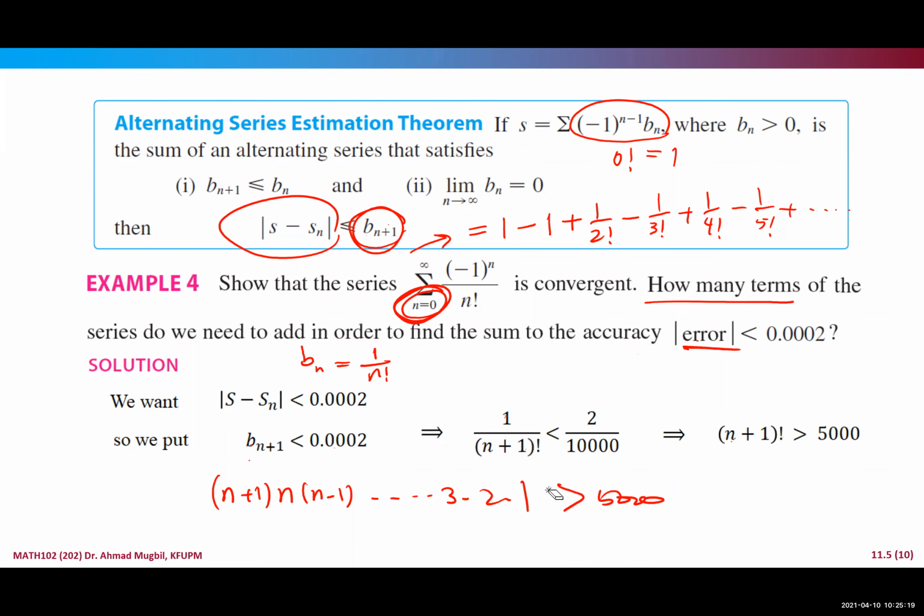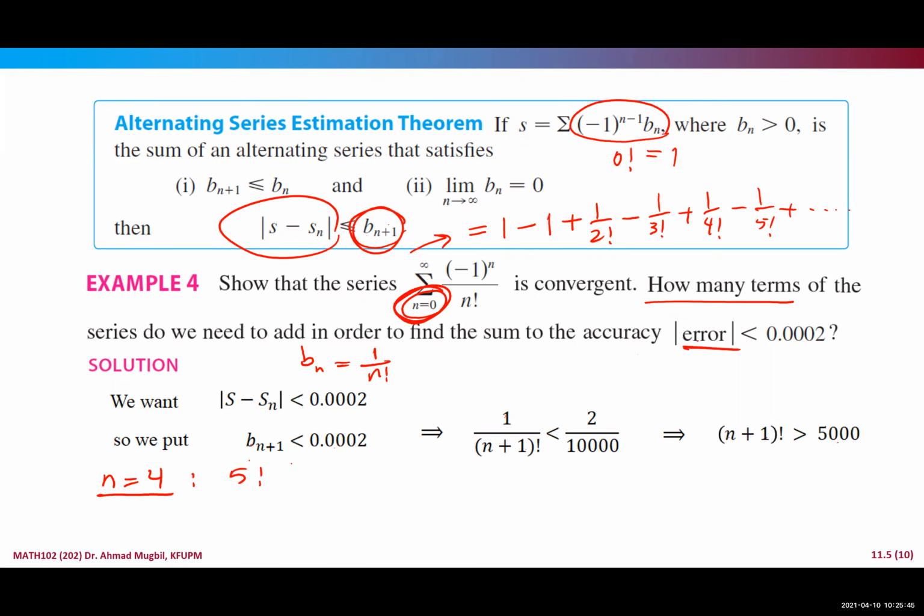In this case, we should start thinking about what n is, that if we put it here, we will get the factorial greater than 5,000. So it is natural, ya Shabab, to start like what? What do you suggest here? Let's start with n equals 4, for example. If n is 4, we will have 5 factorial.